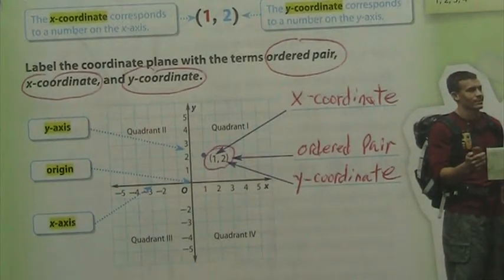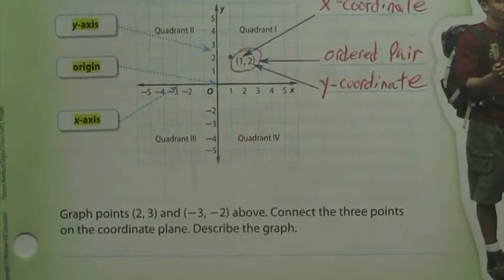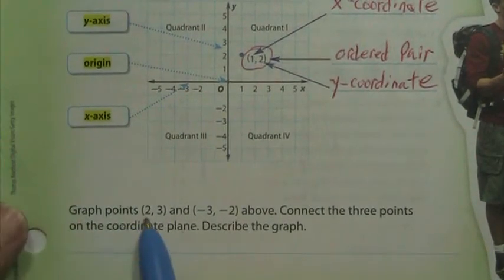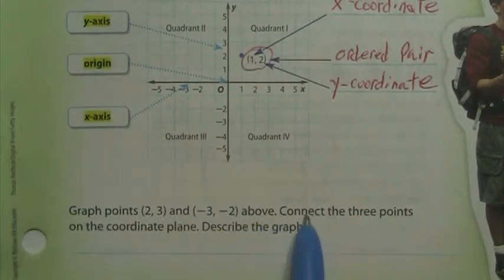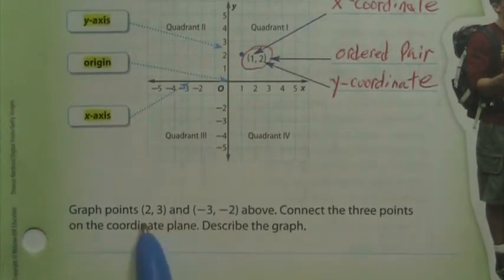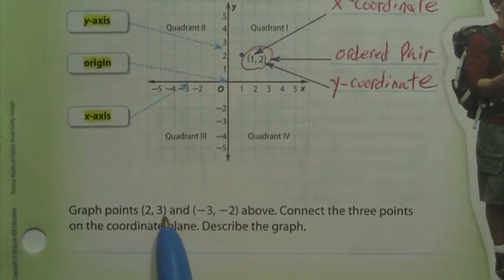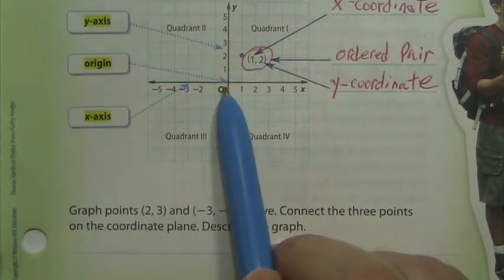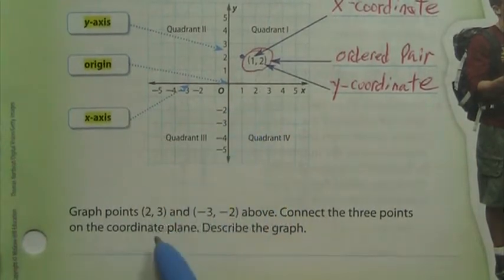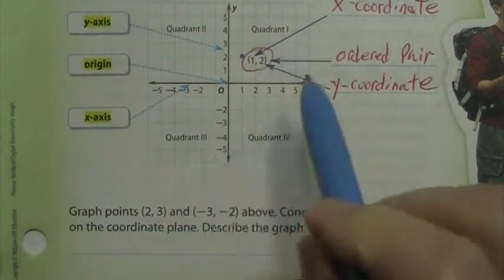All right, so that should refresh your memory. Next one here says graph points 2, 3 and -3, -2 above and connect the 3 points on the coordinate plane. Okay, so let's graph these points. 2, 3. So start from the origin. I go over 2, because that's the x, and then up 3.